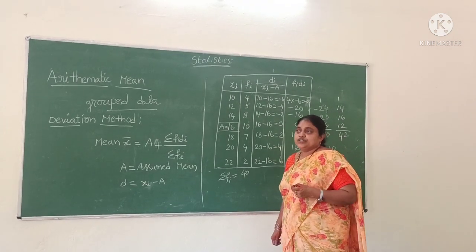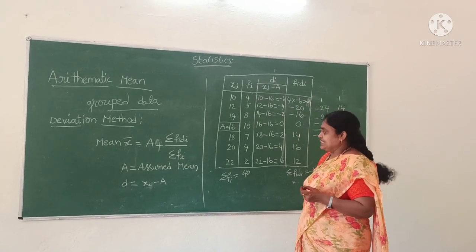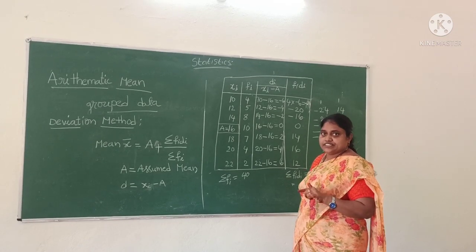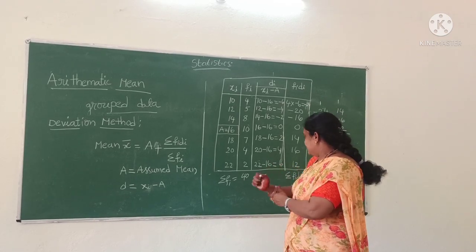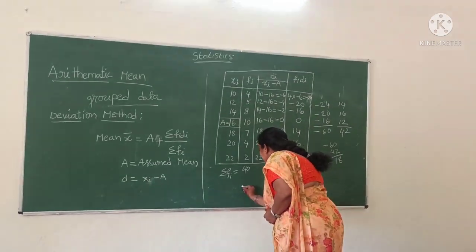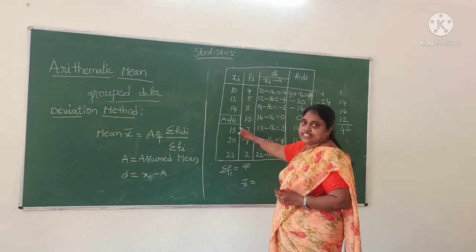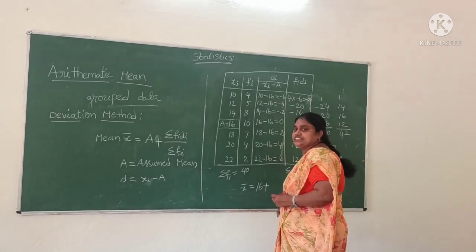Okay, now we use the formula a plus. What is a? A is assumed mean. So x bar is equal to assumed mean. We assume 16 is assumed mean.